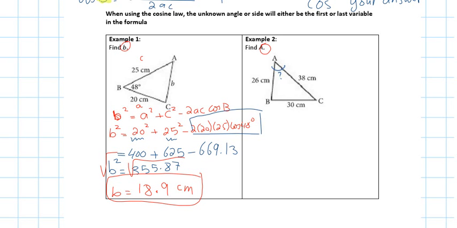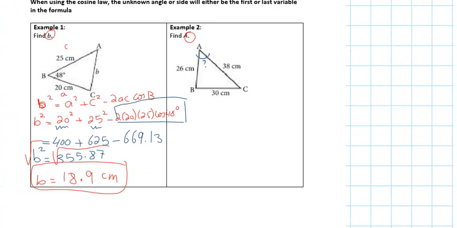Let's solve for angle A here. So what's the formula if I know the three sides and I'm looking for angle A? First thing. Cos A equals? So that's A squared, let's call them A, B, no, let's see.